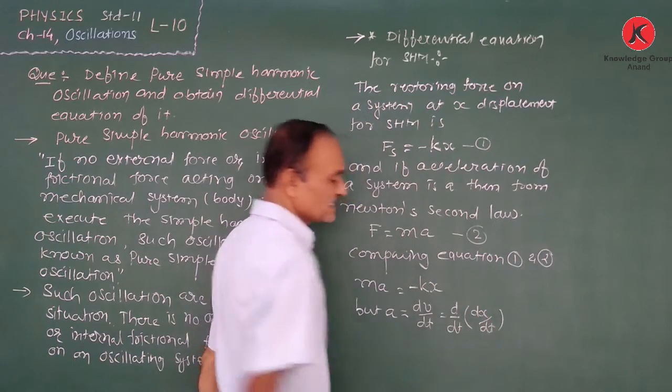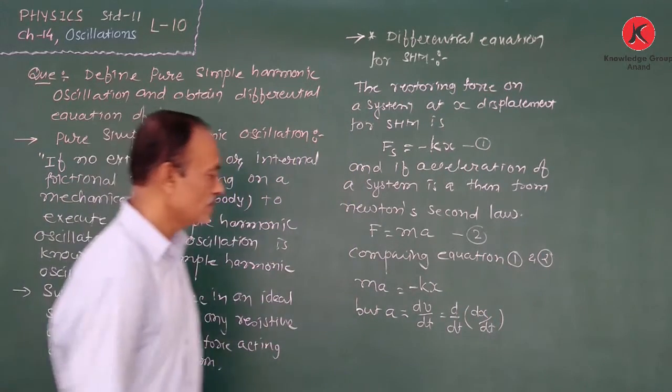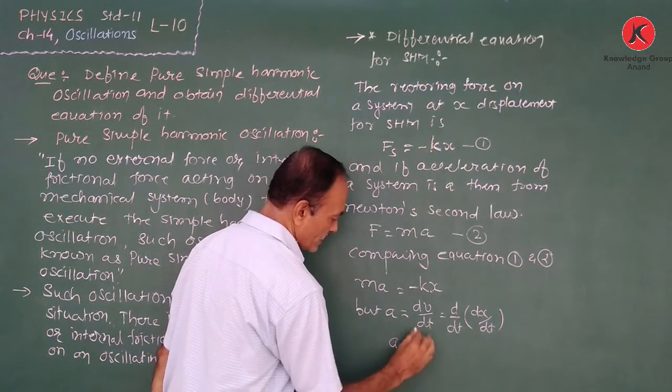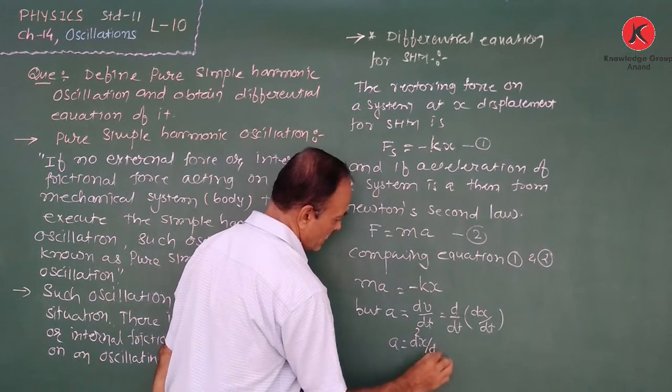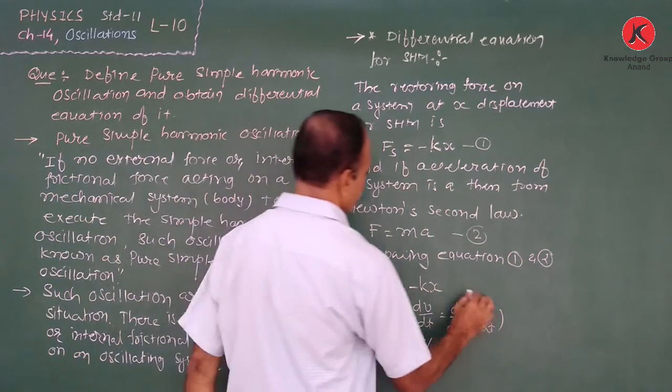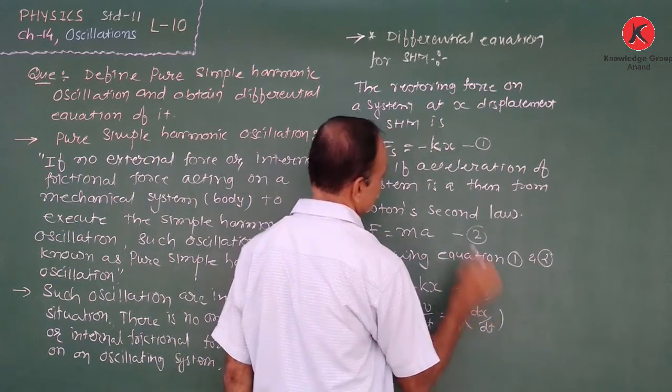Already we discussed this in chapters 3 and 4. Therefore, acceleration a is equal to d squared x upon dt squared. Substitute in equation 3.